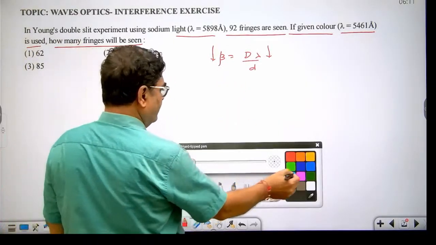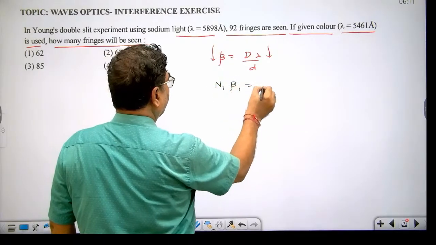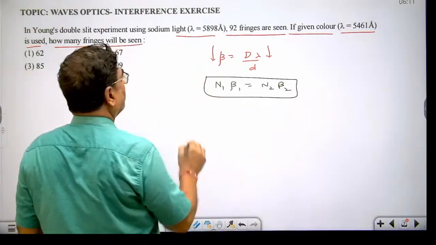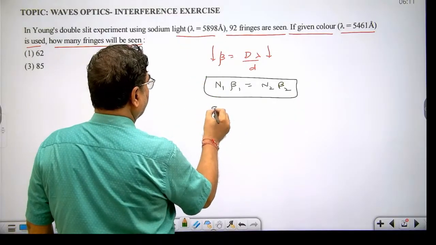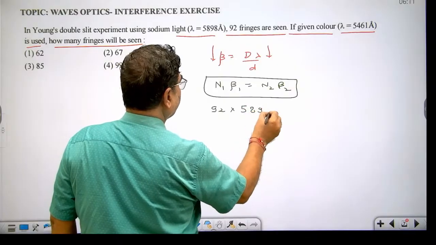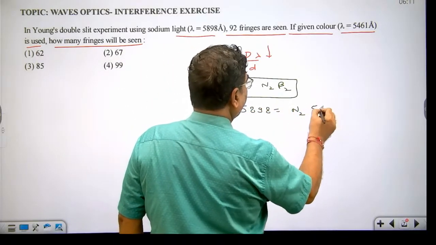So directly we can use the formula n1 beta 1 equal to n2 beta 2. So n1 is 92, into 5898, equal to n2 into 5461.